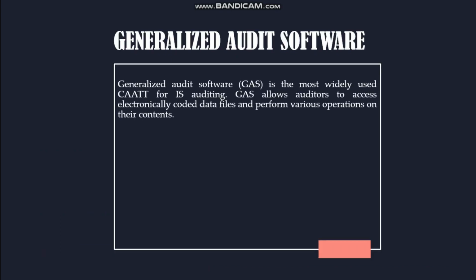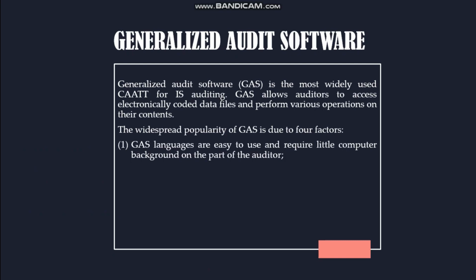Generalized audit software is the most widely used CAATT for IS auditing. GAS allows auditors to access electronically coded data files and perform various operations on their contents. The widespread popularity of GAS is due to four factors. First, GAS languages are easy to use and require little computer background on the part of the auditor.